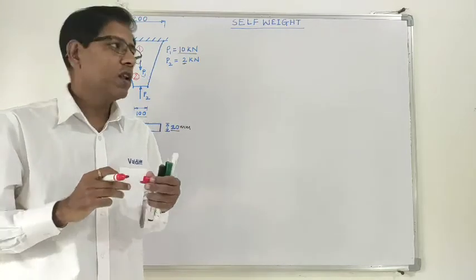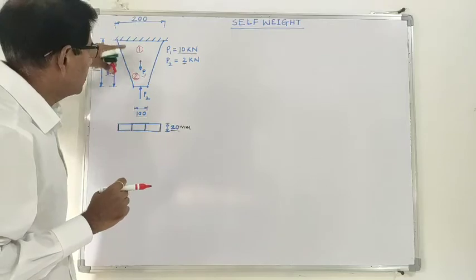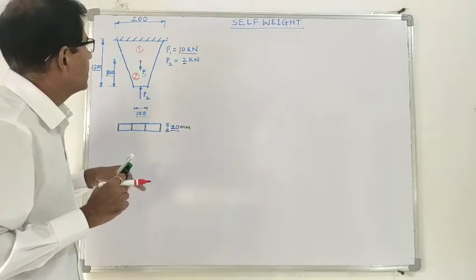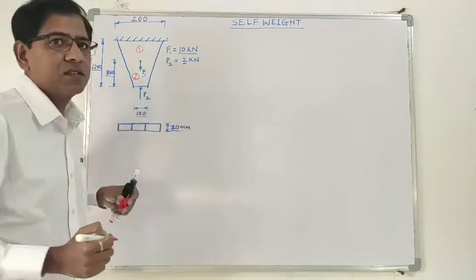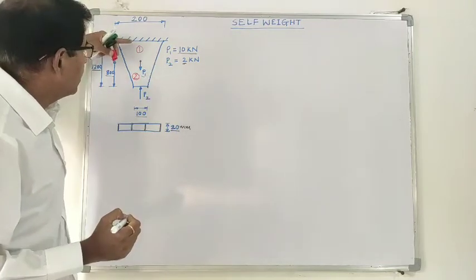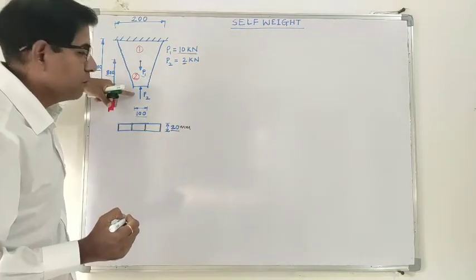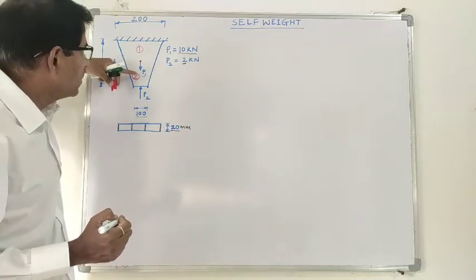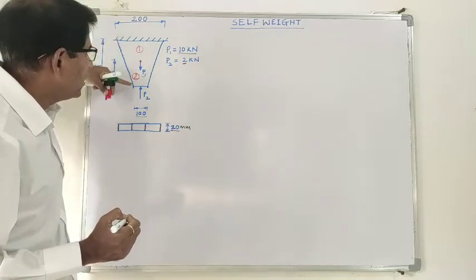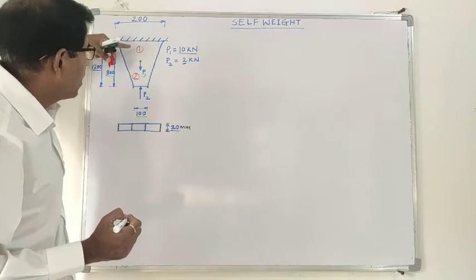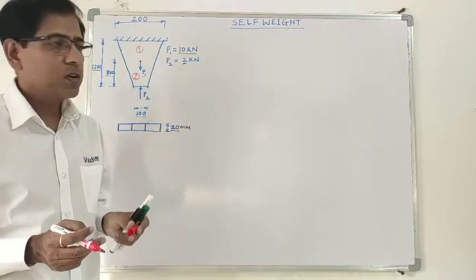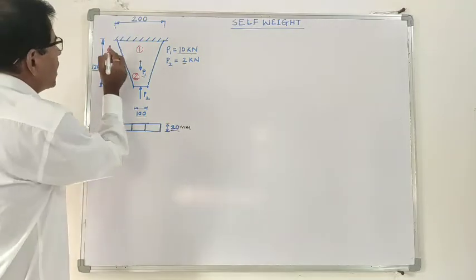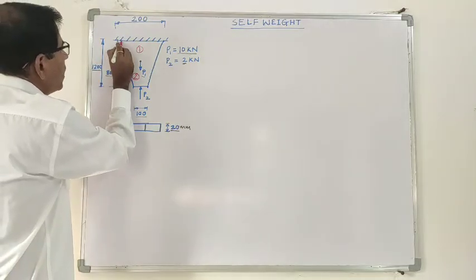So the number of sections in a self-weight problem depends upon the number of forces between the top and the bottom. If there are two forces, there will be three sections. If there is one force, there will be two sections, like that.